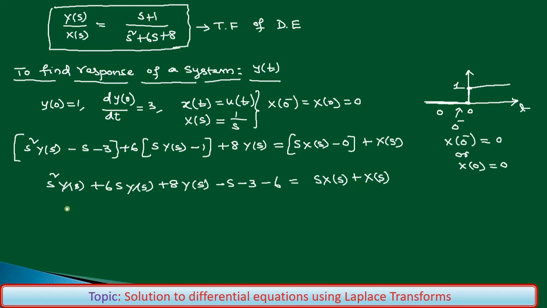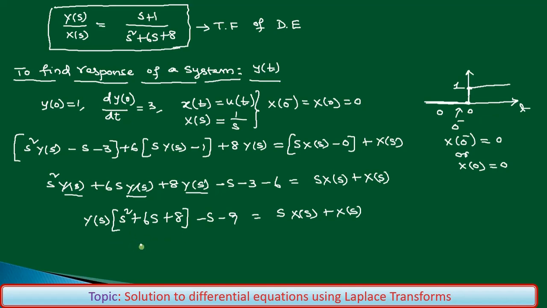Now further simplify this. So here we take y of s common in the first three terms. So y of s into s square plus 6s plus 8 minus s minus 9 equals s into x of s plus x of s.